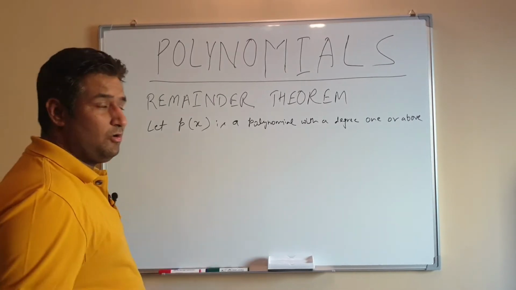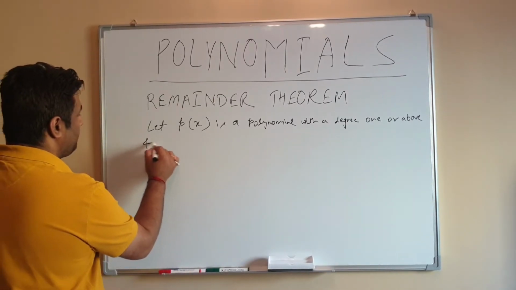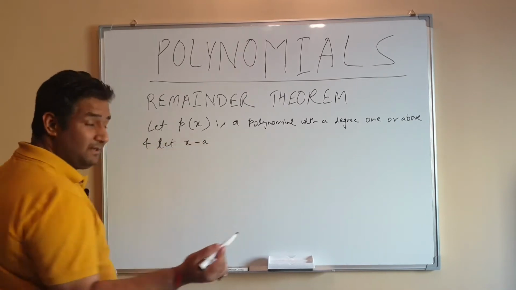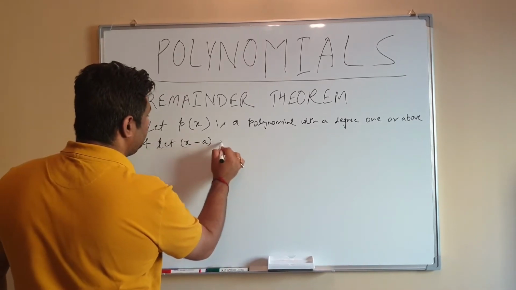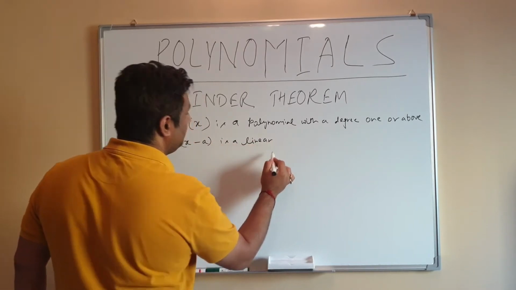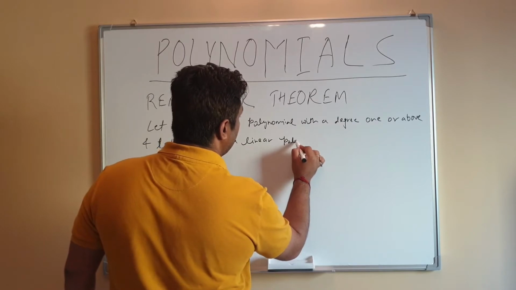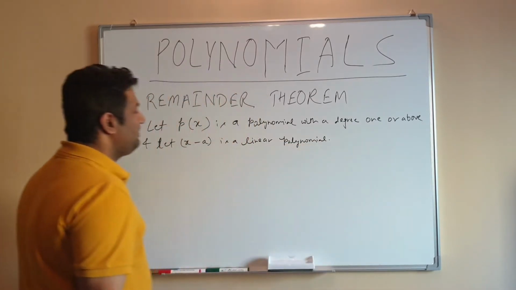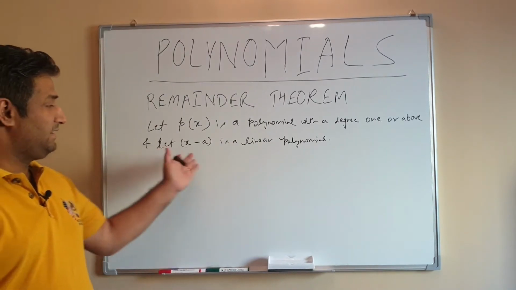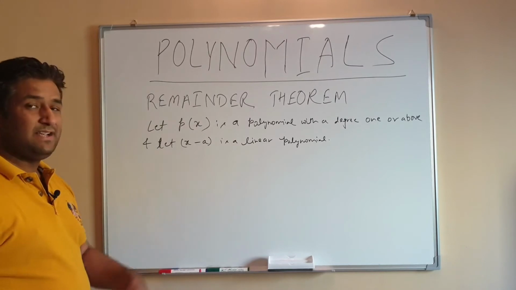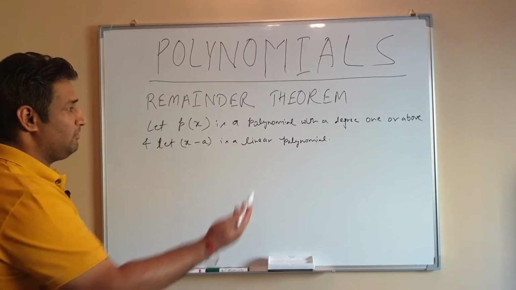Let P(x) be a polynomial, and let x minus a be a linear polynomial. Now what do you mean by linear polynomial? Basically the degree is going to be 1, so that means it's linear. So x minus a is a linear polynomial, P(x) is a polynomial.